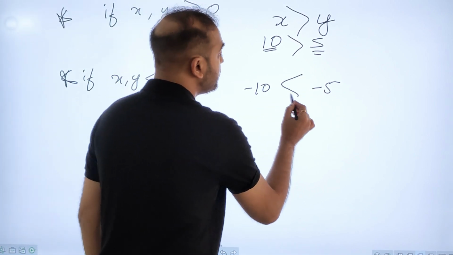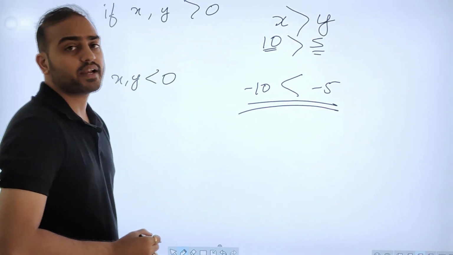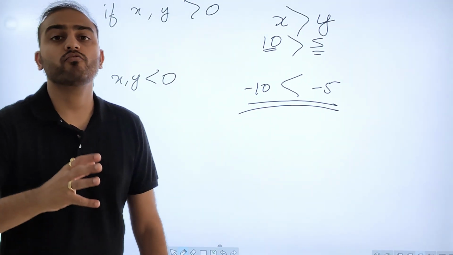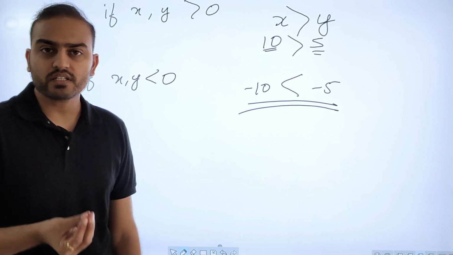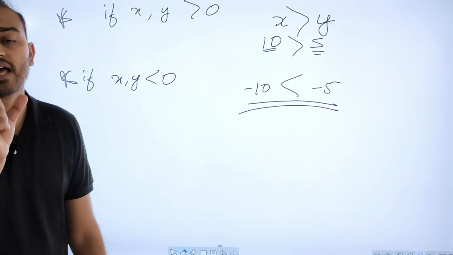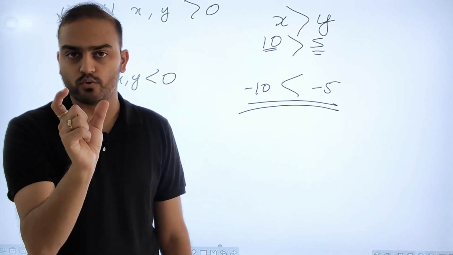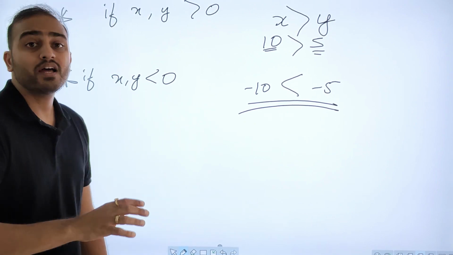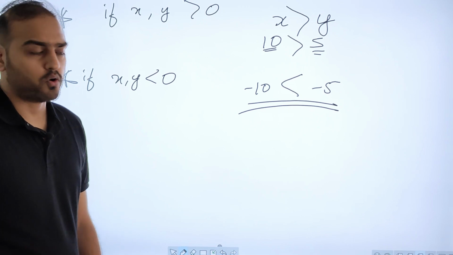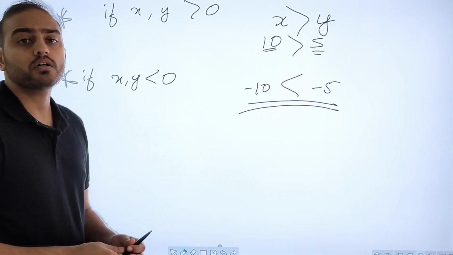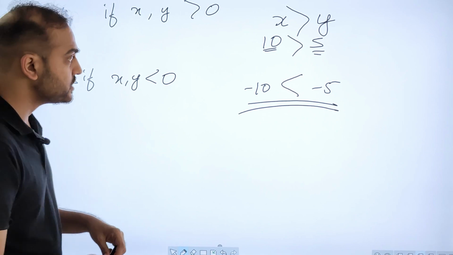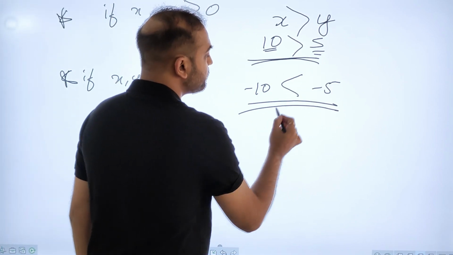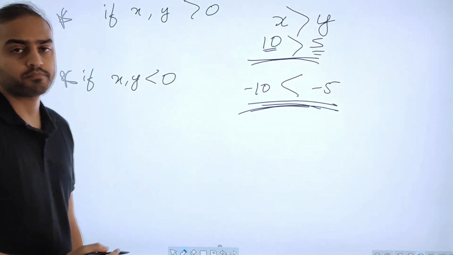We say minus 5 is greater than minus 10. For negative numbers, the relationship is reversed. The smaller the numeric value, the greater the number. Or in other words, the greater the numeric value, the smaller the number.